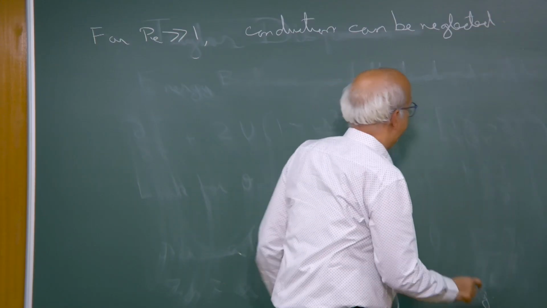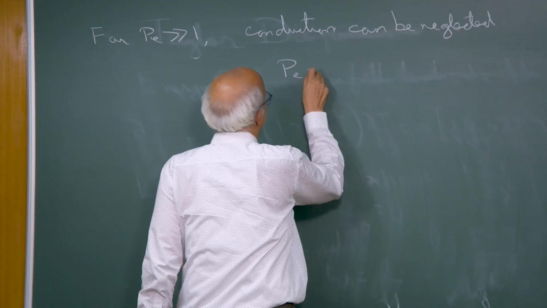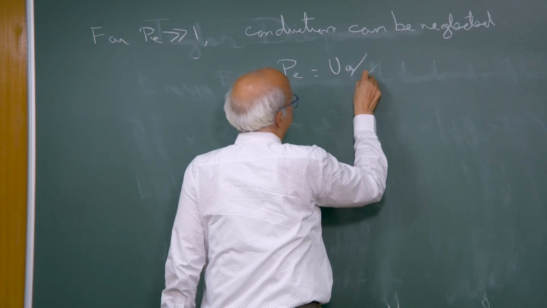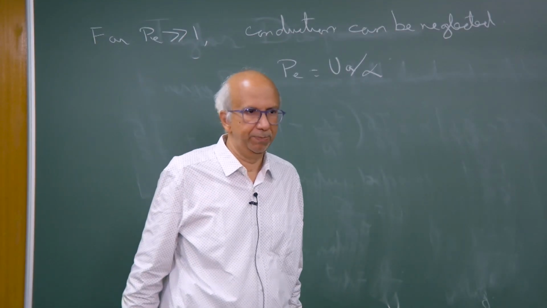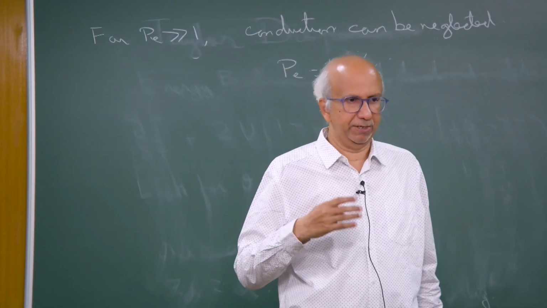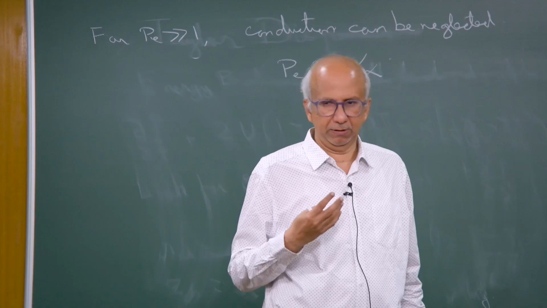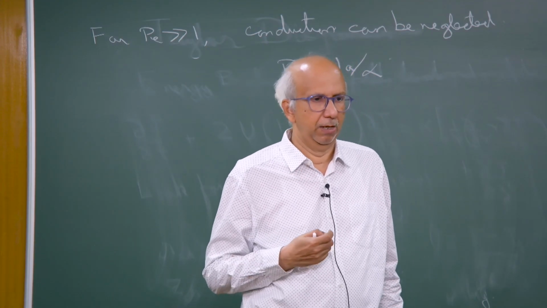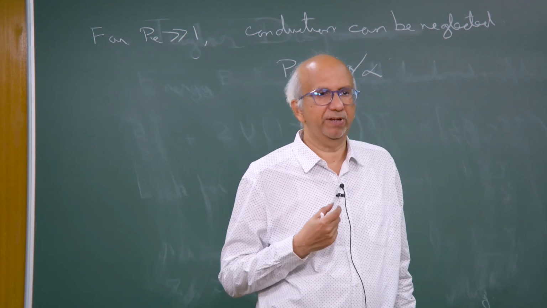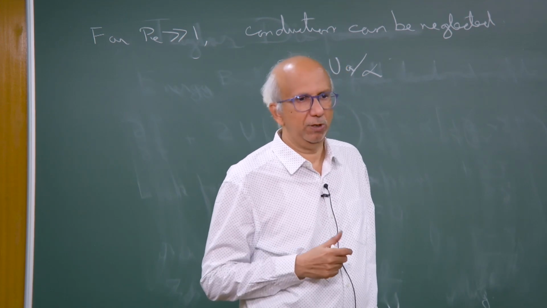Okay. What is Peclet number? UA by alpha. So, alpha is quite small, okay, and even for moderate or low velocities, Peclet number will be high. So, Peclet number greater than 1 is not a very strong, severe assumption, it is usually valid.